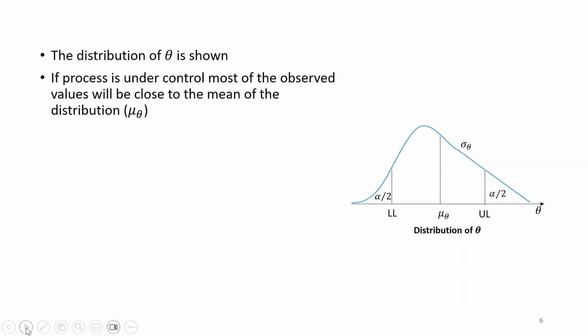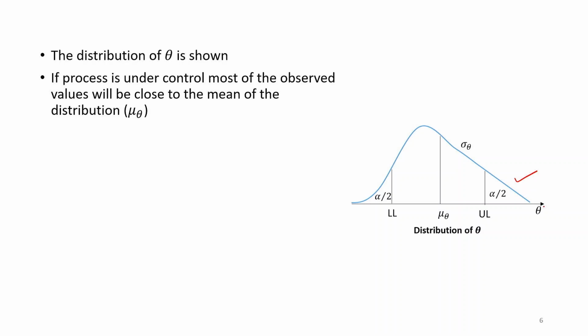Let us say the distribution of theta, that parameter, is shown by this graph. This is the distribution of theta. This is distribution of count, maybe. This could be distribution of whatever. Could be strength of yarn. So let us say this is a typical distribution of theta. If the process is under control, most of the observed values will be close to the mean. So look at this.